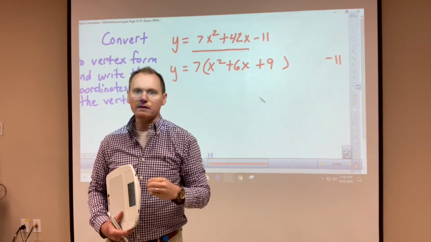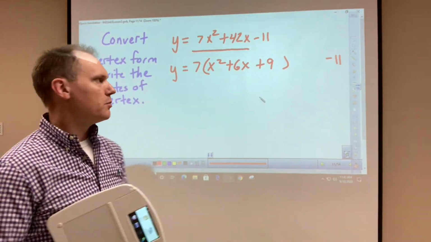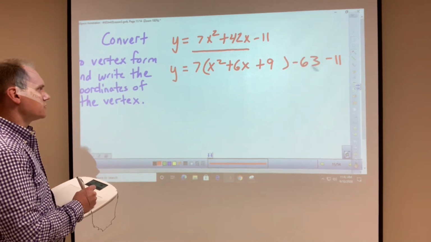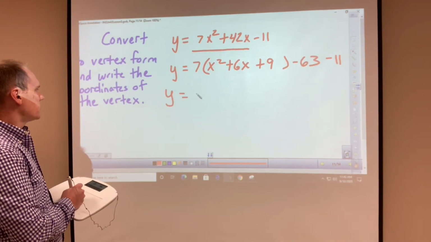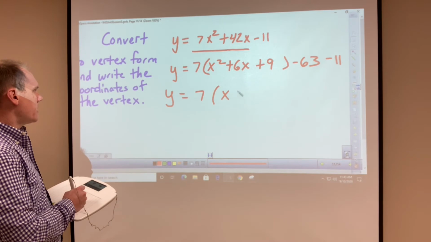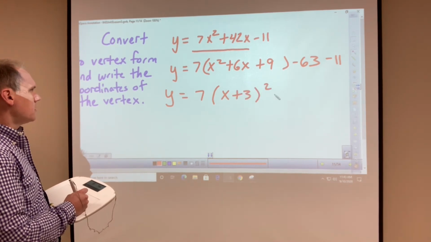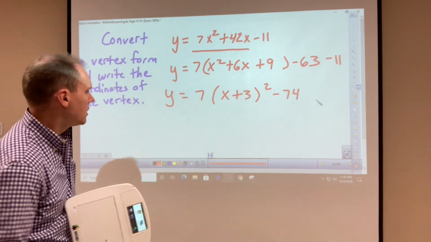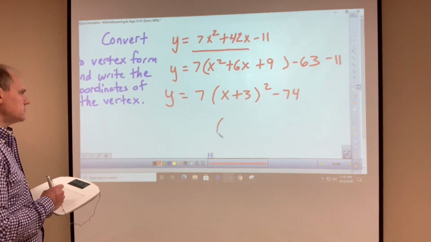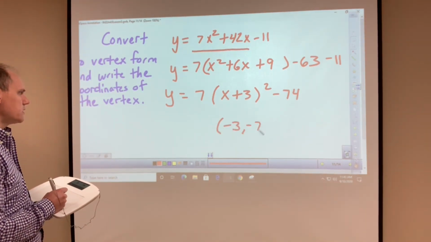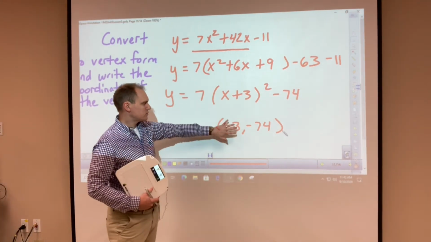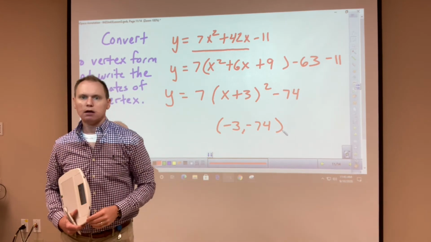So we need to think of that 9, not as a 9, but as a 63. So we're going to subtract 63 on the outside, giving us a final vertex form of 7 times x plus 3 squared minus 74. So that means our vertex is going to be negative 3, negative 74. So this is vertex form here. It allows us to see the vertex pretty easily, which is there.